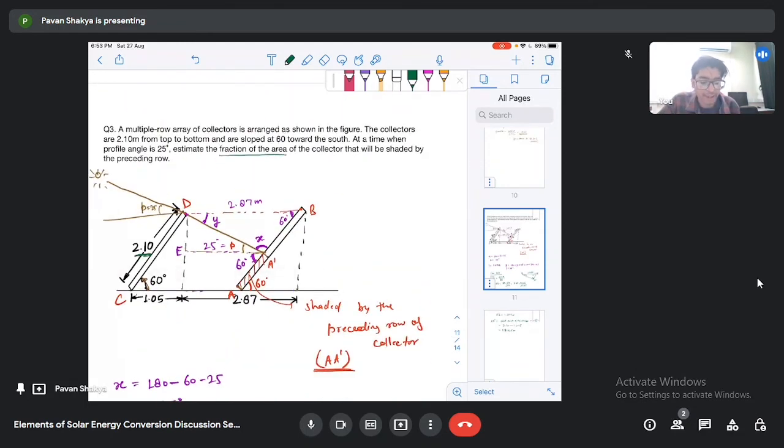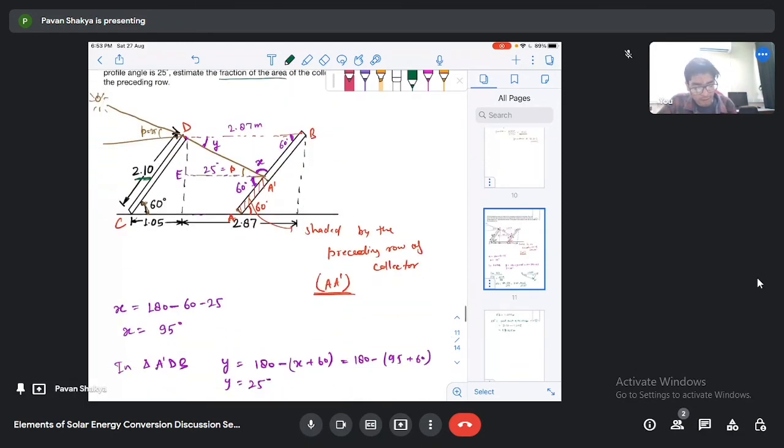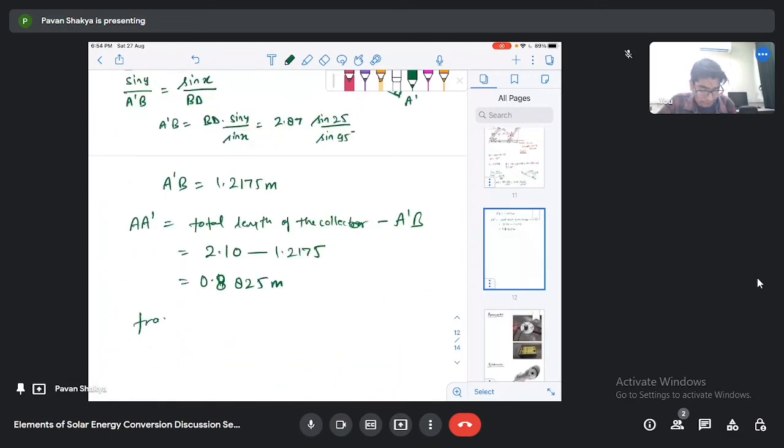In the problem, the fraction of the area has been asked. So the fraction will be this A prime divided by the total length of the collector.